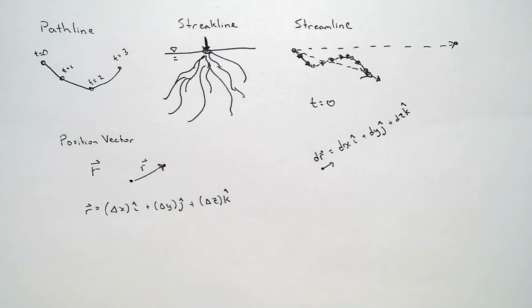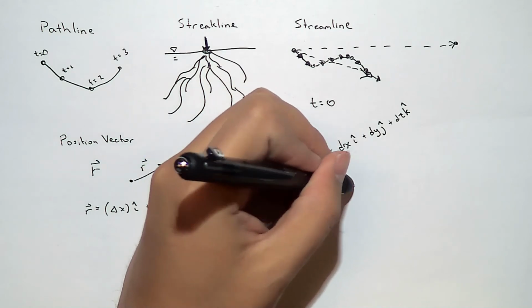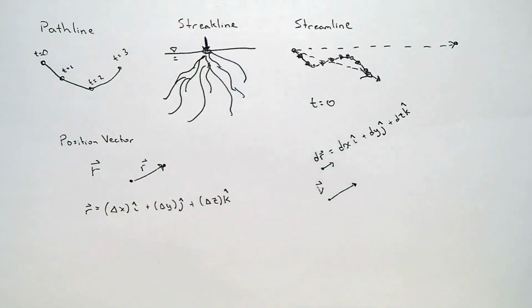So now, if the position vector dr is small enough that it actually does travel along the direction of the streamline, and my velocity vector at a particular point in time does travel through that streamline, then I can find a relationship between the two by using a bit of vector operations.